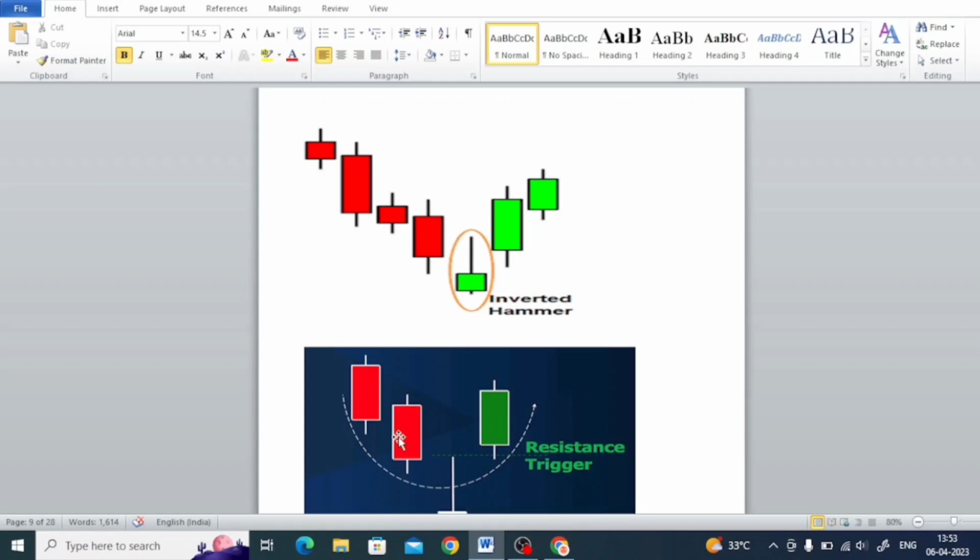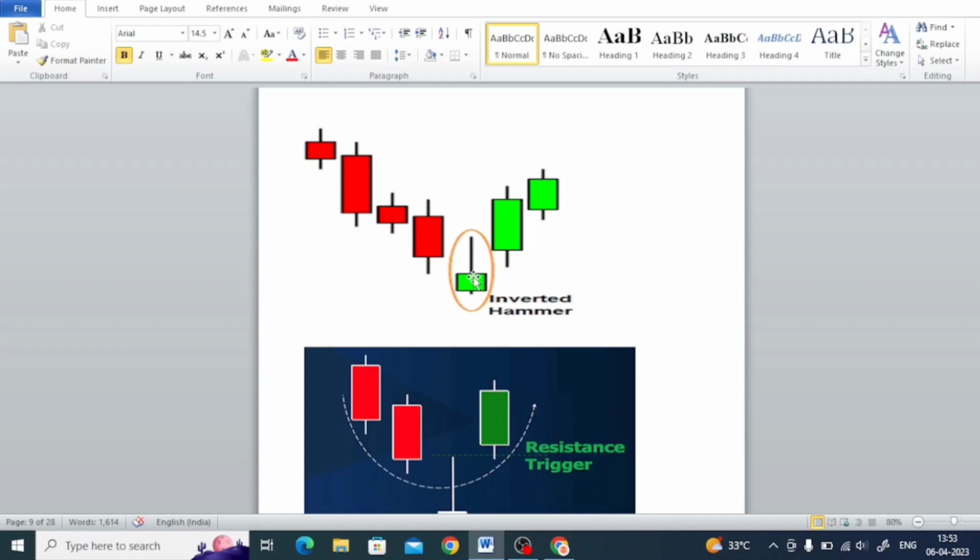During the formation of the inverted hammer candlestick, the market pushes lower, then rebounds, and then fails back lower again to close significantly below the high, near to or at the low.